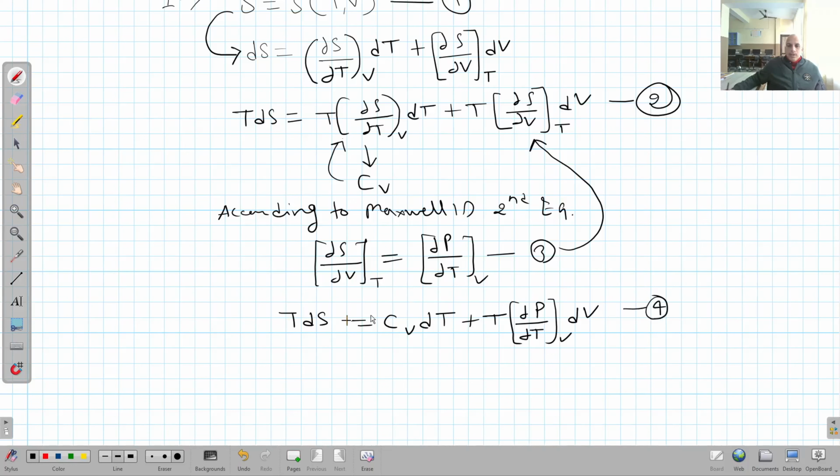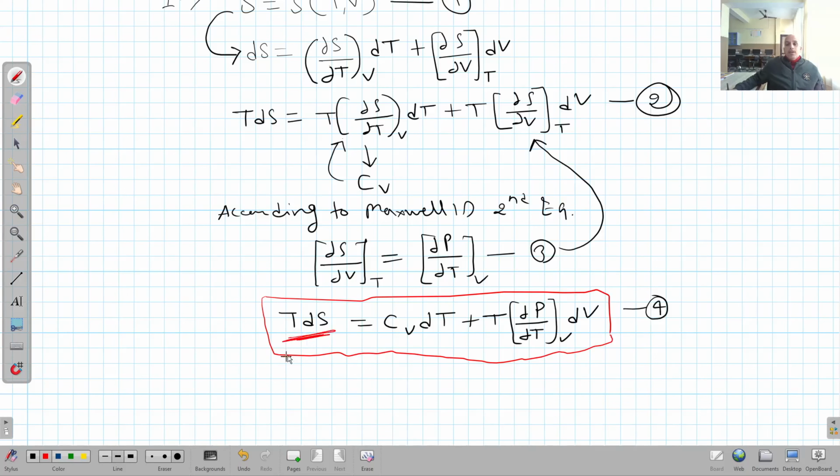Now this equation is called the first TdS equation. Clear? This equation is called the first TdS equation. This gives us the value of TdS in terms of specific heat at constant volume, the change in temperature, and (∂P/∂T), all these terms here, right? So this is the first TdS equation.